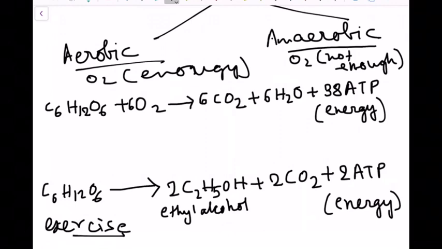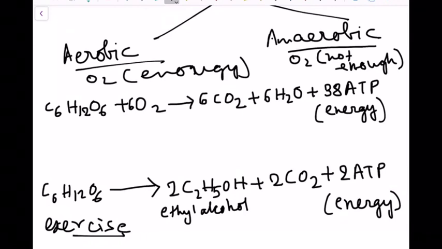So at that time, anaerobic respiration takes place in presence of very less amount of oxygen, and toxin gets accumulated in our body in the form of ethyl alcohol.